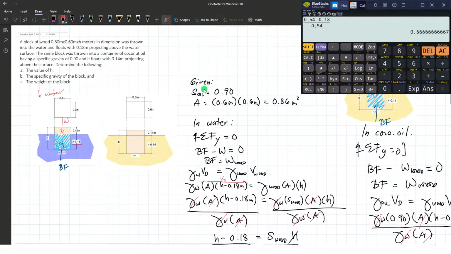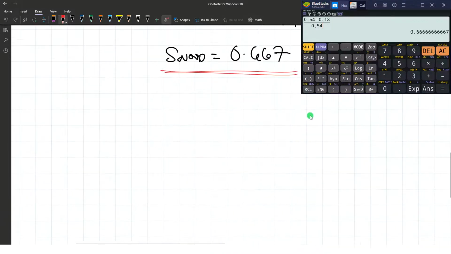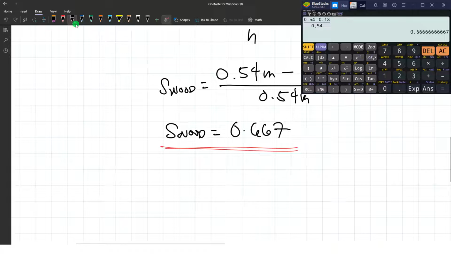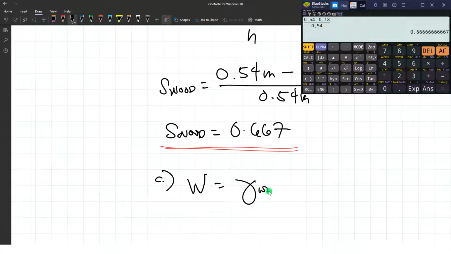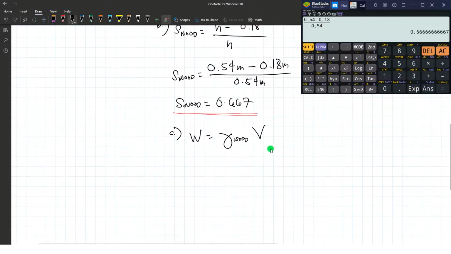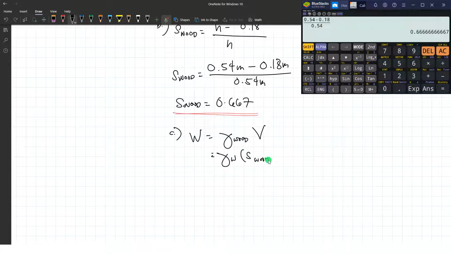How about the weight of the block? For the weight of the wooden block, letter C, for the total weight, we just simply multiply the unit weight of the wood by the total volume. So determine the unit weight of the wood, multiply unit weight of water by specific gravity of the wooden block and its total volume.